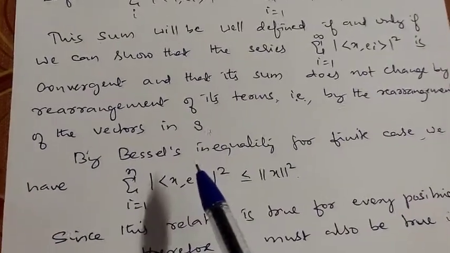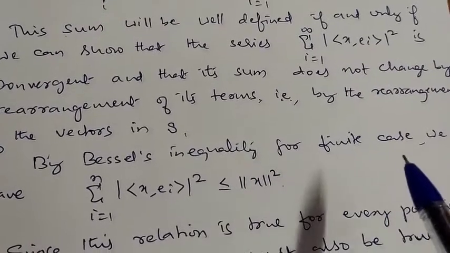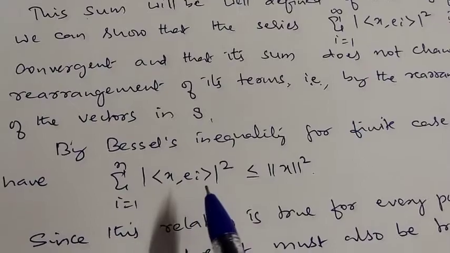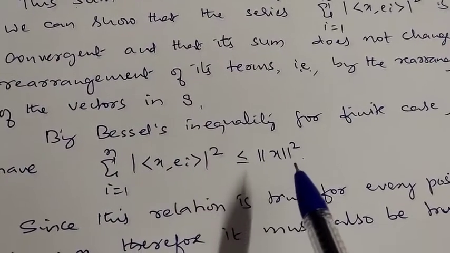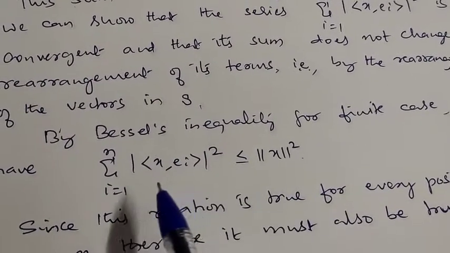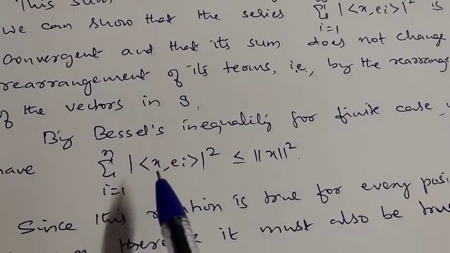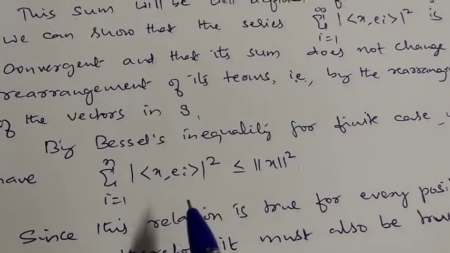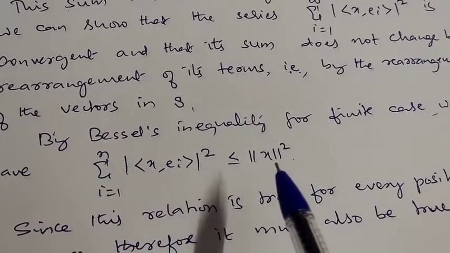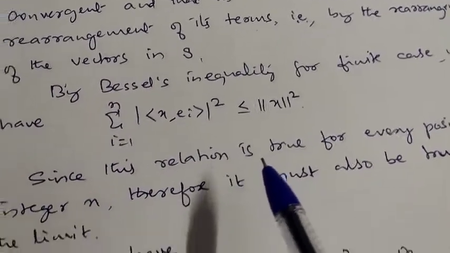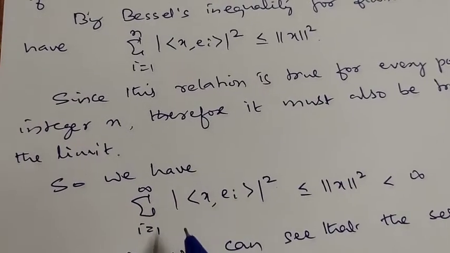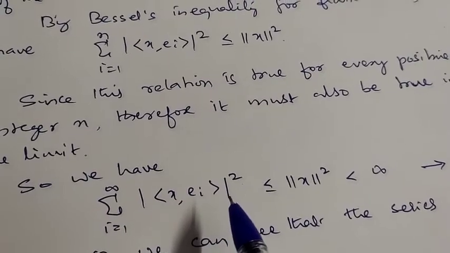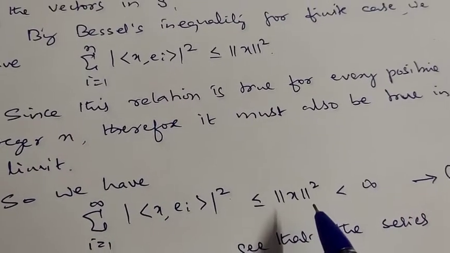Now by Bessel's inequality for the finite case, the summation from i equal to 1 to n of the absolute value of the inner product of x comma ei whole square is less than or equal to the norm of x square. This relation is true for every positive integer n, so it is true in the limiting case also; we can take n as big as possible. Therefore, as n tends to infinity, the summation from i equal to 1 to infinity of the absolute value of the inner product of x comma ei whole square is less than or equal to the norm of x square.